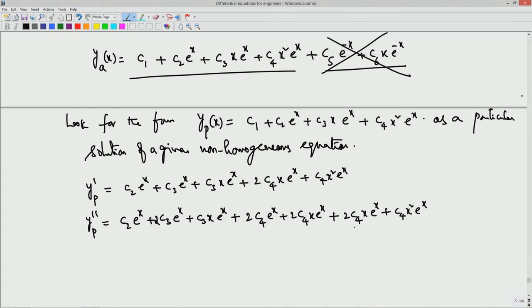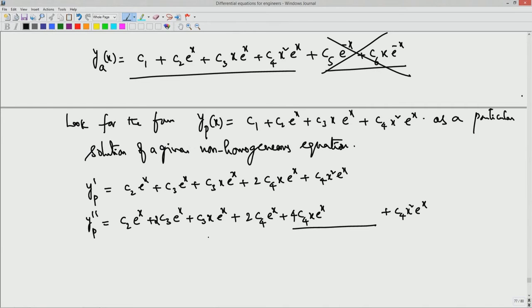So, the C4 x terms together become 4. So, this is your y dash and y double dash.